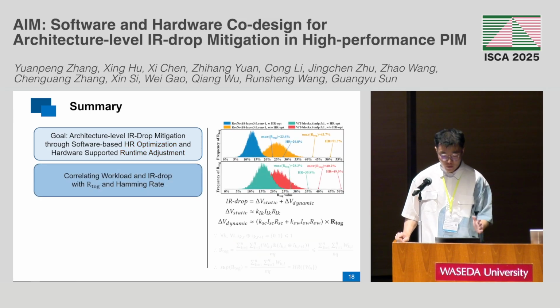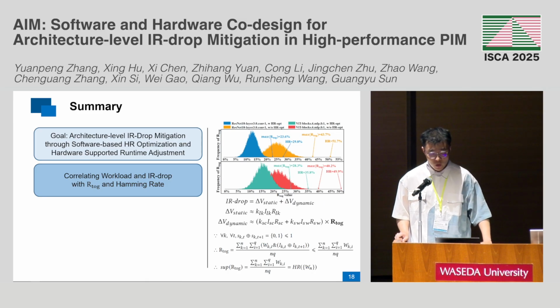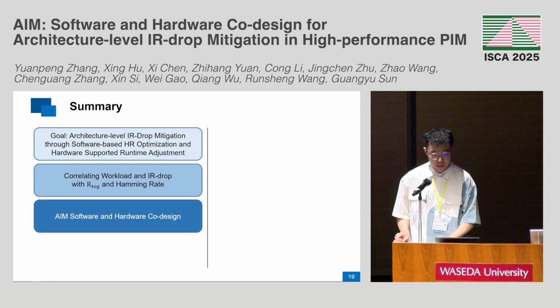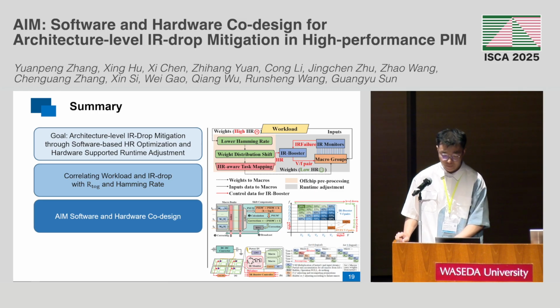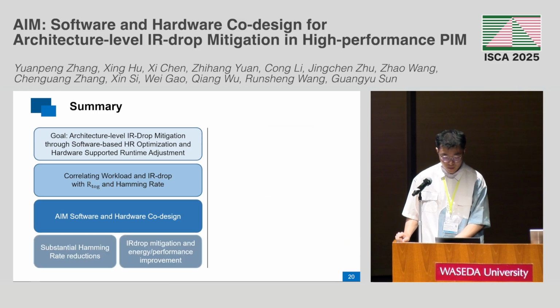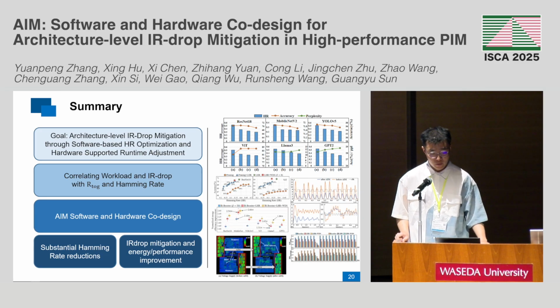To this end, we first propose toggle and Hamming rate of weights to correlate workload and IR drop. Based on toggle and Hamming rate, we propose AIM, a software and hardware co-design for architecture-level IR drop mitigation. And finally, we conduct experiments to prove AIM's performance.